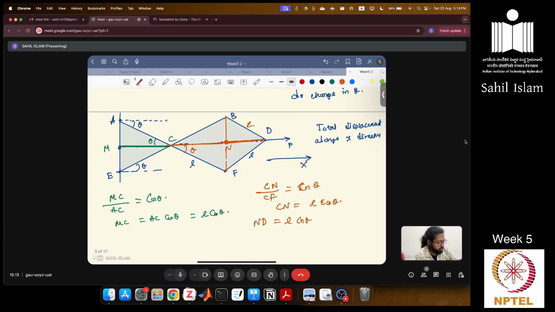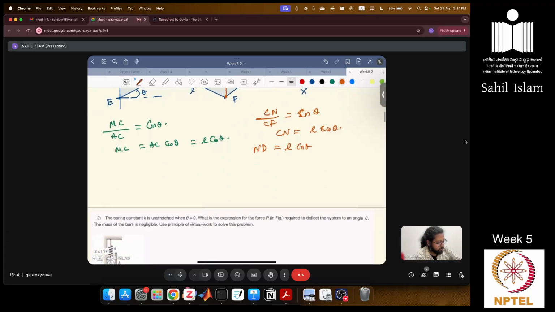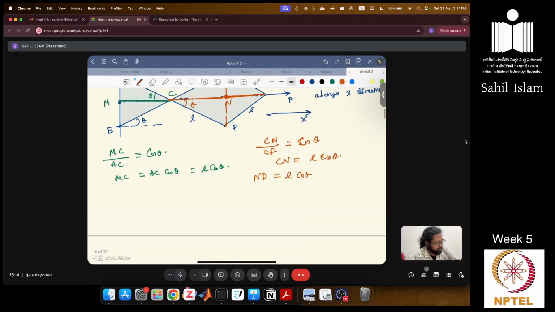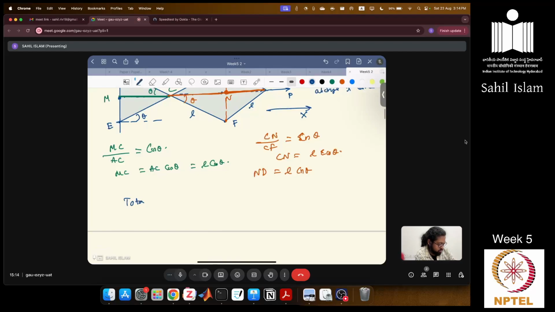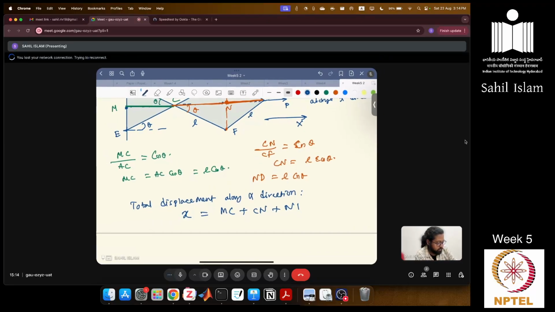This is L also, right? So the total displacement along the x direction, which let's say is x, is MC plus Cn plus Nd, which equals 3L cos theta. Then dx by d theta becomes minus 3L sin theta. Fine.